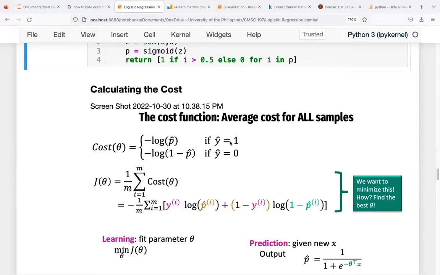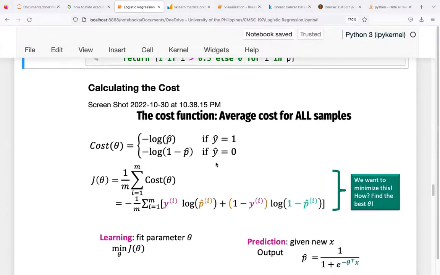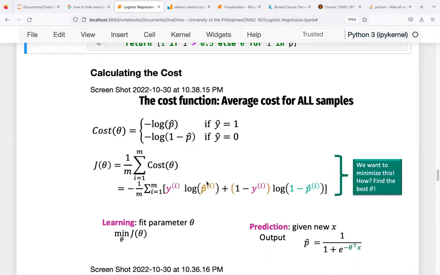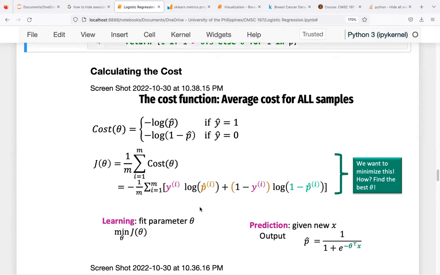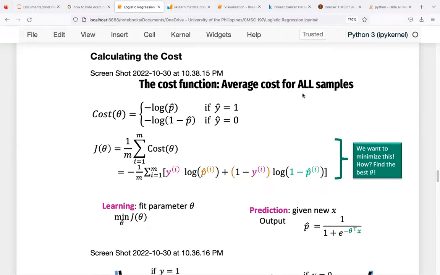Because if y is equal to 1, then the second term will be canceled out. But if y is equal to 0, then the first term will be canceled out, and we will be left with these values, okay? And as mentioned, we must compute the average cost of all the samples. So as you can see, we are taking the sum of all the costs and dividing it by the number of samples.